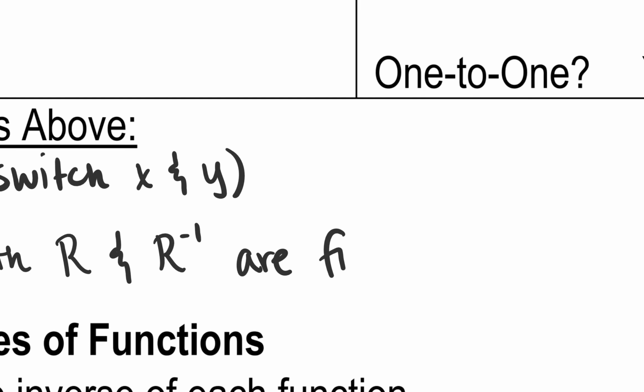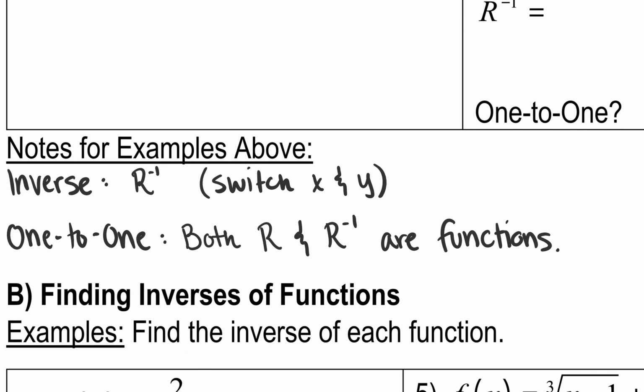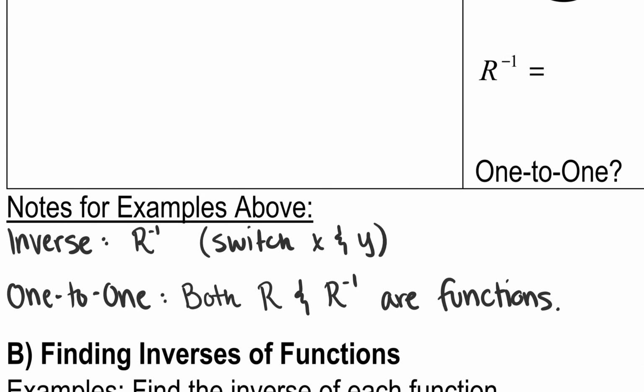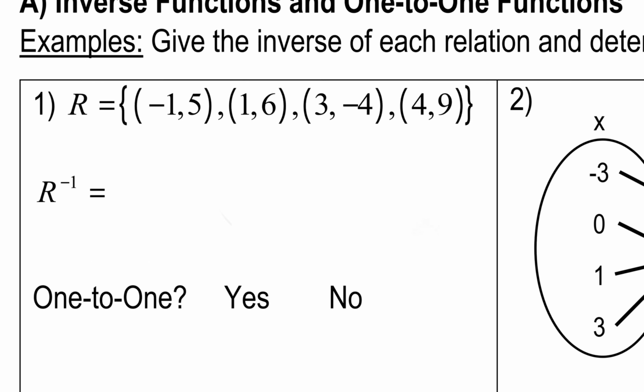That is the only thing that means. So both r and r to the negative 1 are functions, then it'd be yes. If they are not both functions, then it's a no. And that's all we need to know for now. On the graph, there's one other thing, but I'll explain that in a minute.